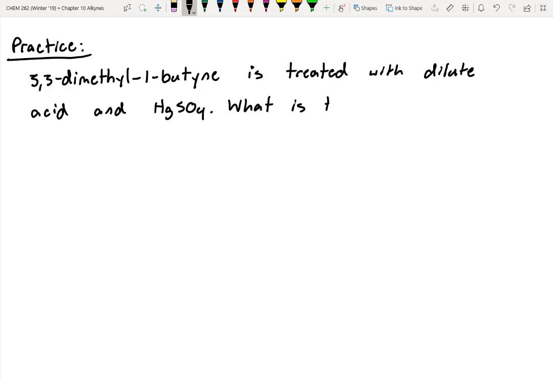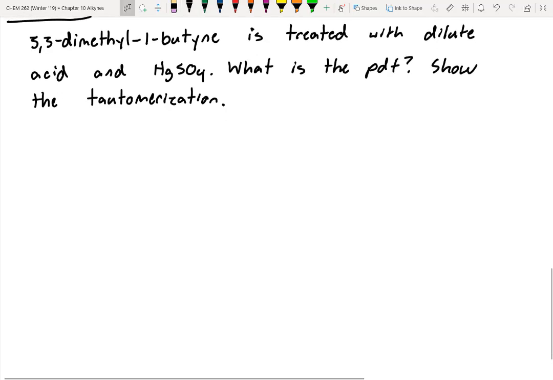What is the product? And then show the tautomerization. All right, so I'll give you a minute to work on this one and then check with your neighbor and see if you agree. But this is converting between names to structures and then predicting what the product will be and the final tautomerization.